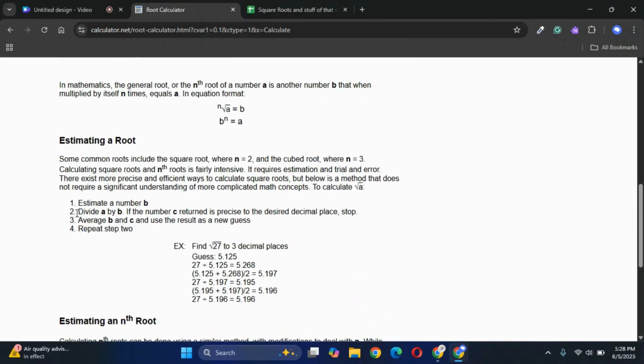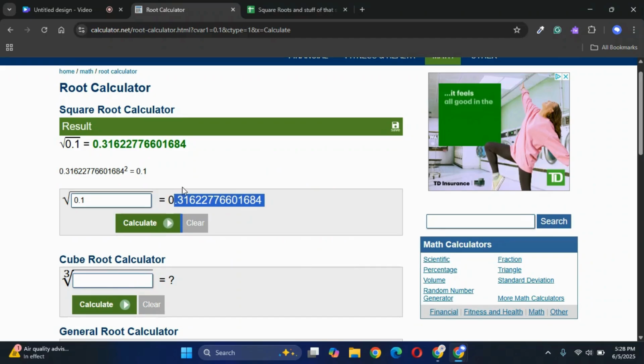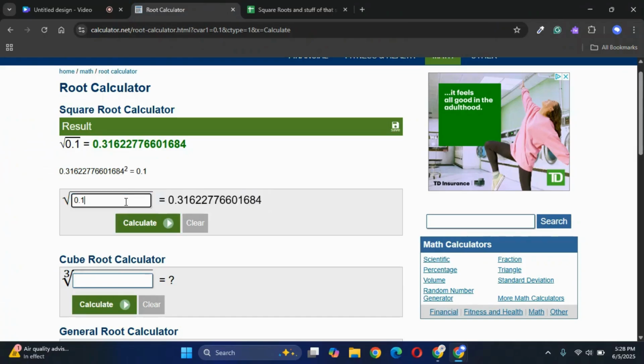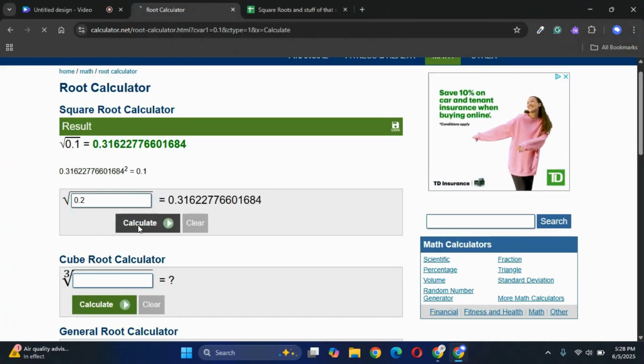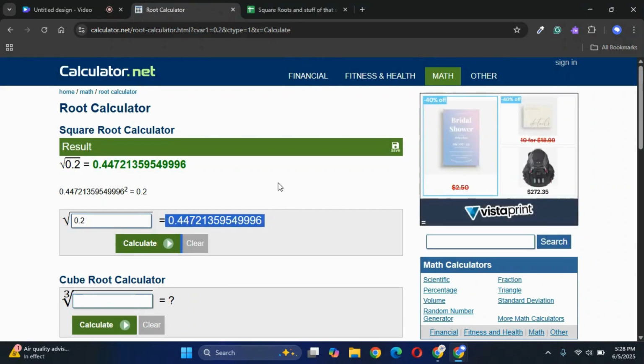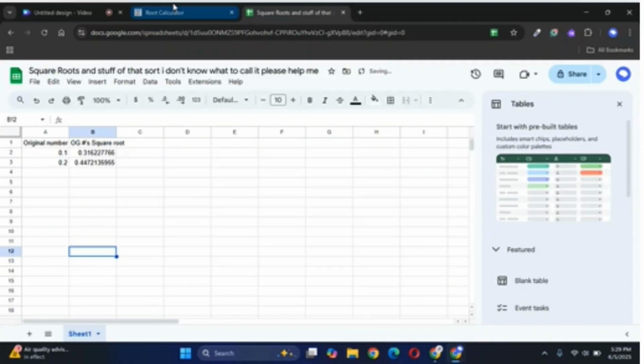What's general root? Okay. 0.2. And so on.